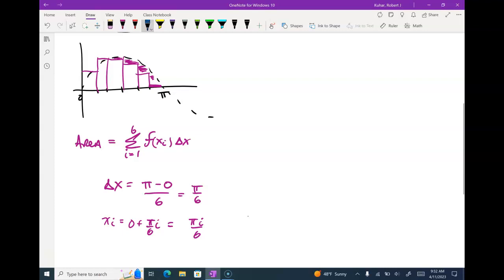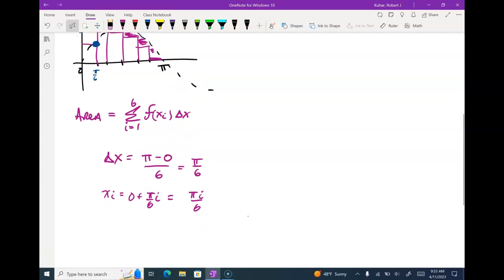So that first rectangle, the right hand side is pi over 6, and the height is sine of pi over 6, right? So we get that coordinate pi over 6 comma sine of pi over 6 is that point. So our area turns out to be the sum of i equals 1 to 6, where i is the counter of the rectangles, the first rectangle, the second. Sine of pi i over 6 times pi over 6, right?